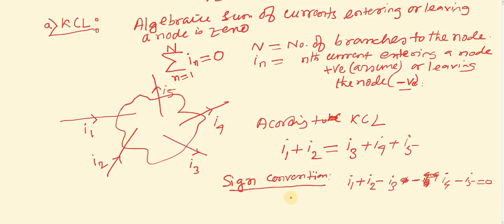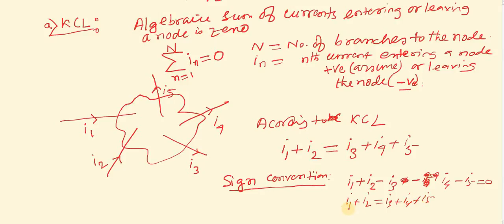Current entering we consider positive, current leaving we consider negative. This is the algebraic sum of current equal to 0 according to KCL, and you can simply write it as I1 plus I2 is equal to I3 plus I4 plus I5.